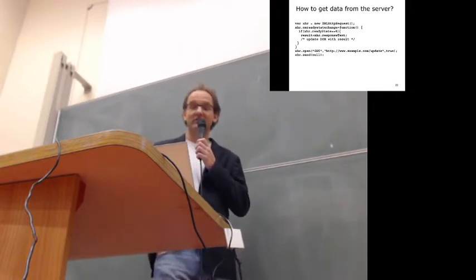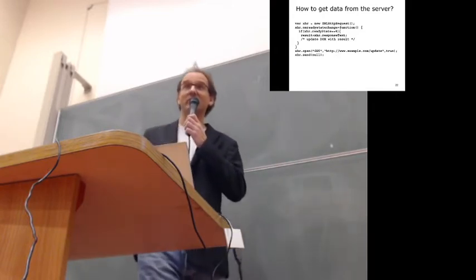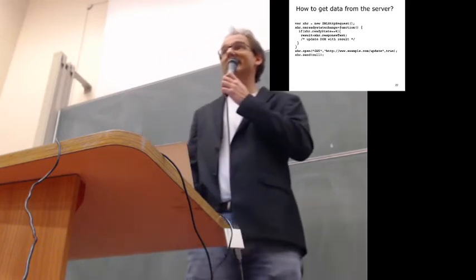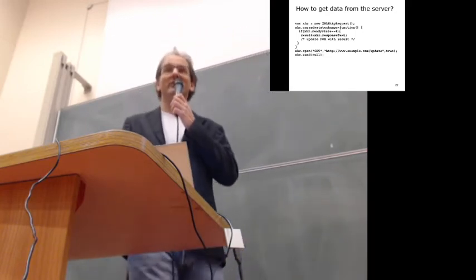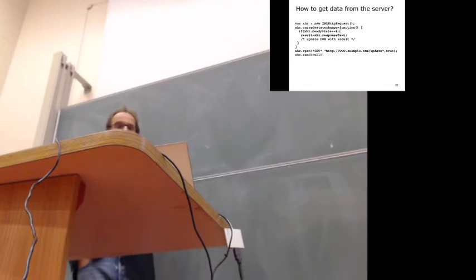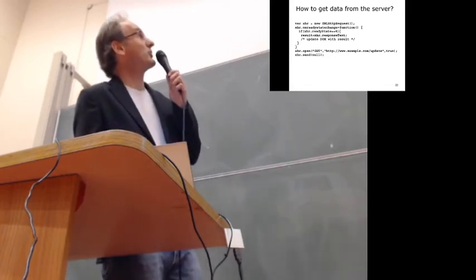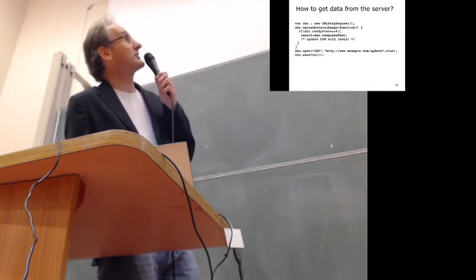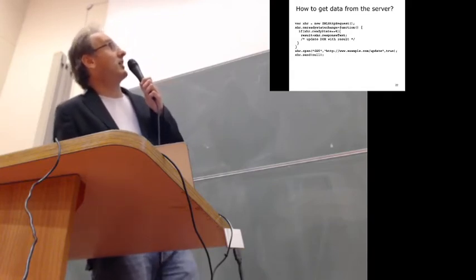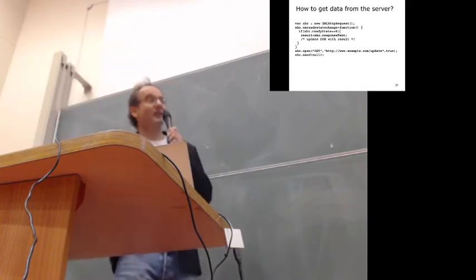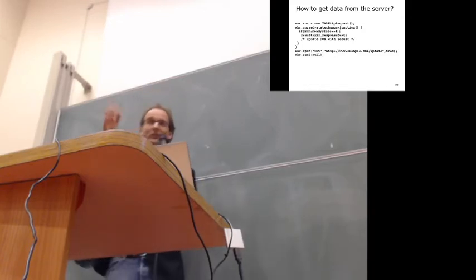And if the state changes to state 4, then we are there. Then we're in the state that we want to be. So then we want to get some result text from the server, and that result text is in the xhr.responseText property. So we can do whatever we want with the response.